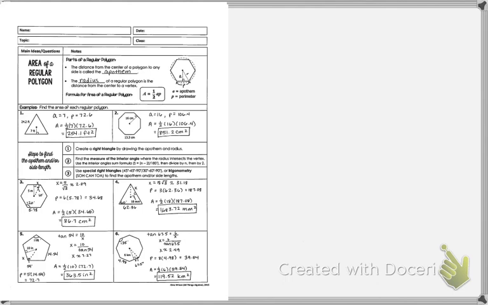11.4. This one can be difficult for some of you. We have to rely on this formula right here, the area of a regular polygon formula. This one's key: regular. That means the polygon has all equal sides and all equal angles.